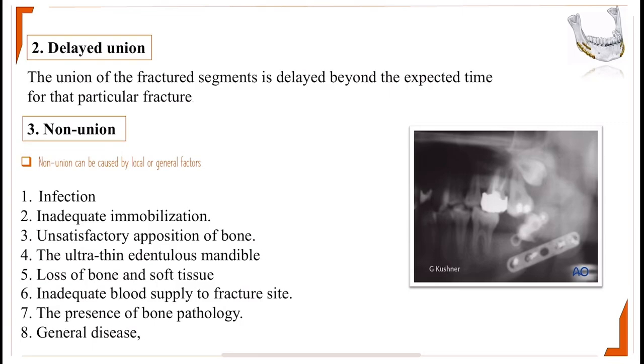Non-union can be caused by general or local factors, which are infection of the fracture site, inadequate immobilization and excessive mobility, unsatisfactory apposition of the bone which ends with interposition of soft tissue, the ultra-thin edentulous mandible in elderly patients, loss of the bone and soft tissue as a result of severe trauma, inadequate blood supply, for example after radiotherapy, the presence of bone pathology like malignant neoplasm, and general disease like osteoporosis.